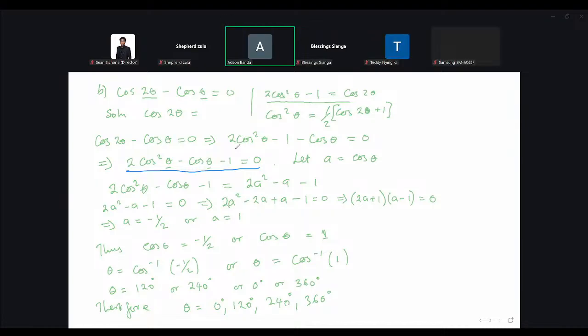For instance, you can change the cosine to sine when it is appropriate. And also the tangent to sec. So those are some of the identities that we are going to work with. So please make sure that you know those identities and use them whenever it is appropriate.